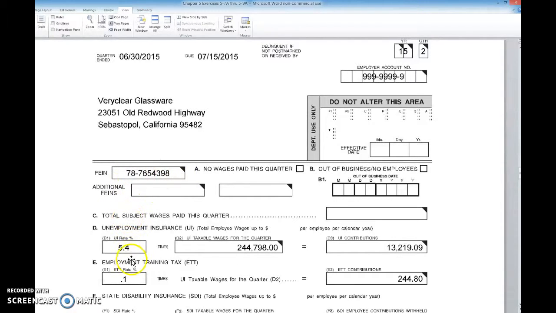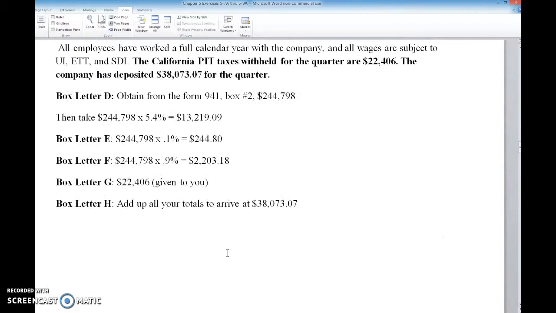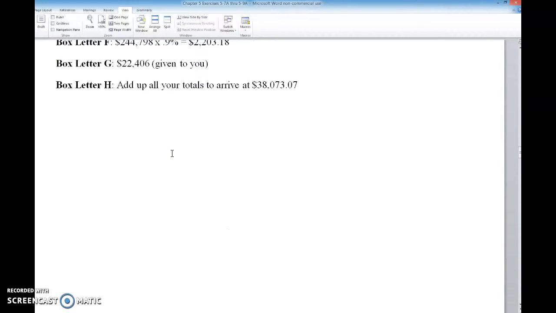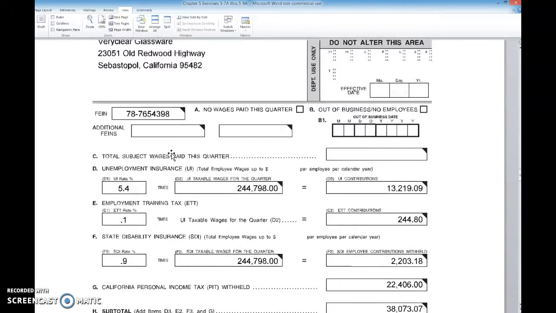In box D, you're going to fill in the rate that is given to you at 5.4%, and then times the taxable wages, which is given to us of $244,798. And remember, this is obtained from form 941, box number 2. We're going to take the $244,798 and multiply it by 5.4%, which will give us $13,219.09.